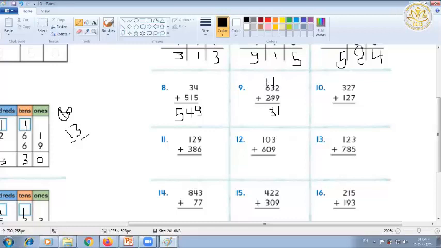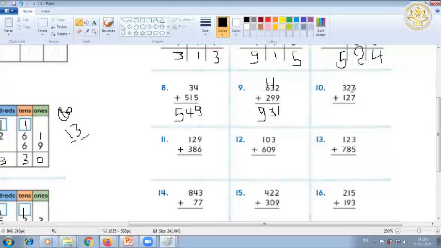I will have to regroup and make a new 100 and put it with the hundreds. 1 plus 6 equals 7. 7 plus 2 equal 9. So the sum I have is 931.